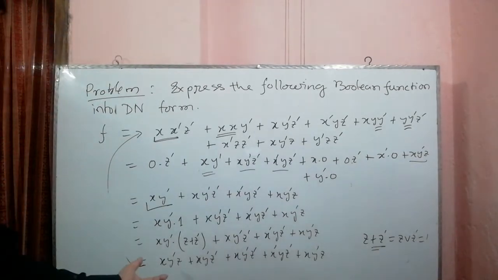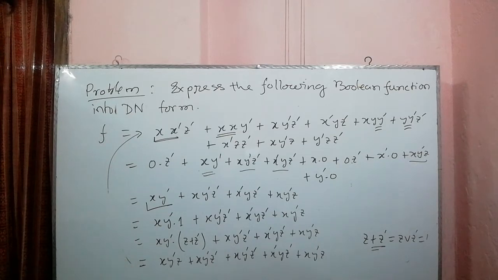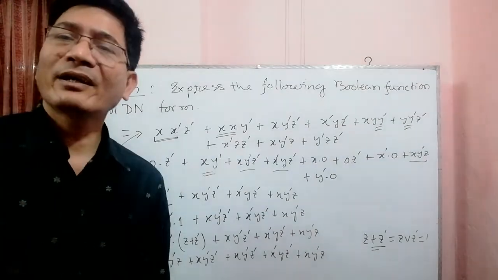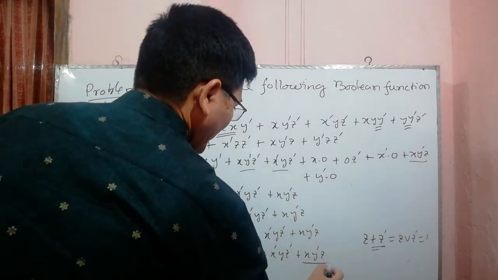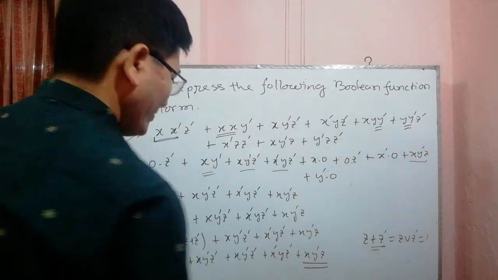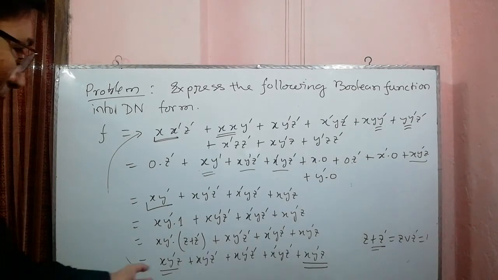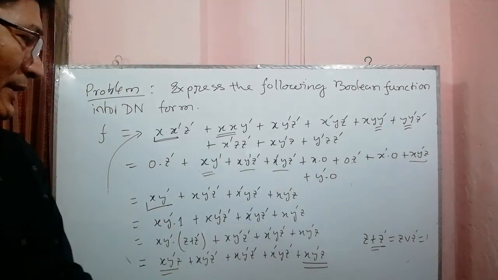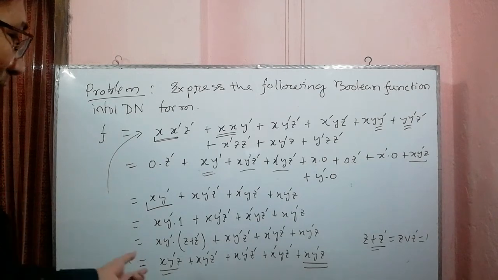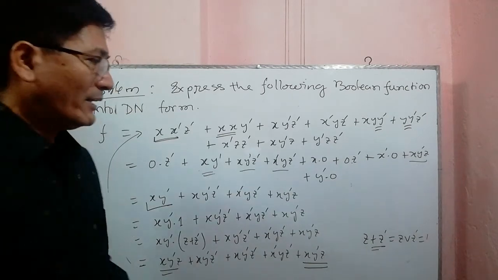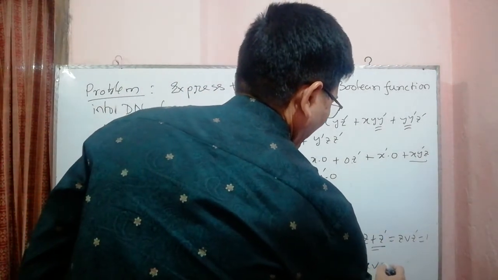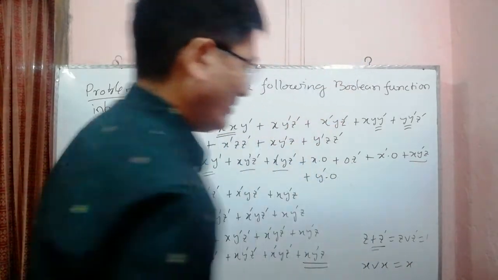Dear students, now observe where there exists redundancy of any terms. If there exists redundancy, instead of those terms we will write a single term only. We are observing here this term occurs 2 times. So for these 2 terms we will write only a single term, because if we join this term and this term, x join x will produce x only.